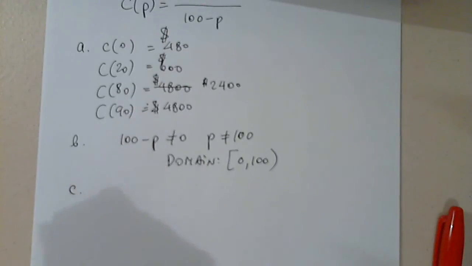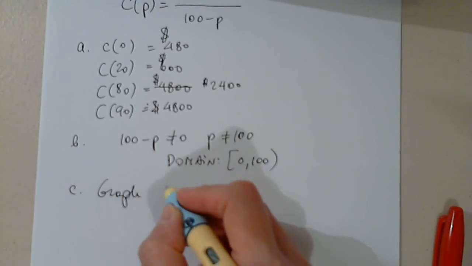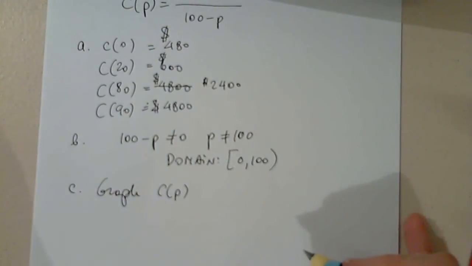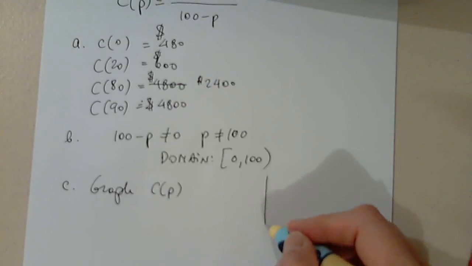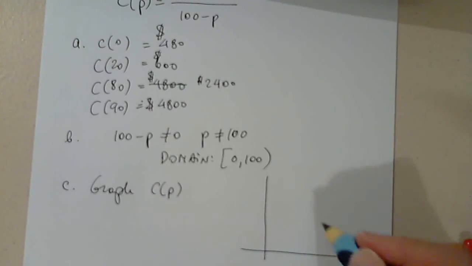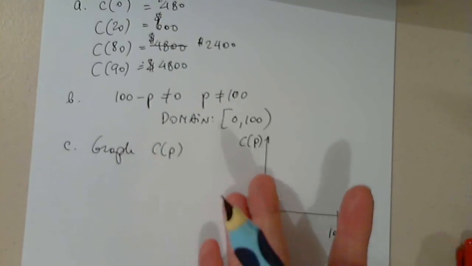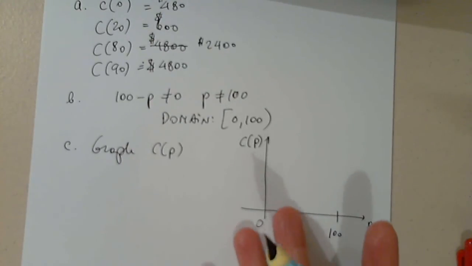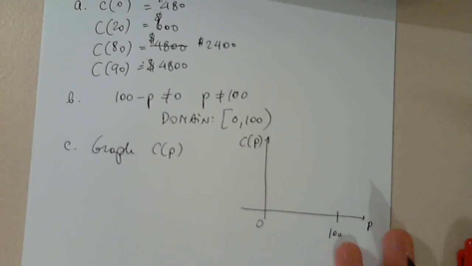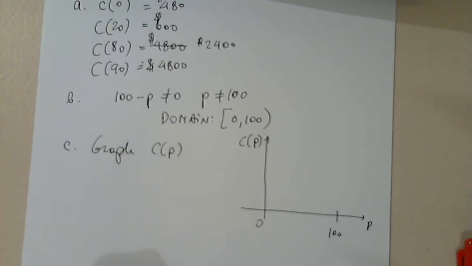So that's part C, graph C of P. First of all, I will graph C of P after I do some analysis in a moment, but obviously the graph cannot show anything else below the x-axis or the p-axis, or to the left of the cost axis. Cost cannot be negative, and percent cannot be negative.